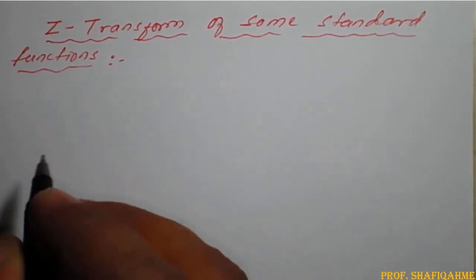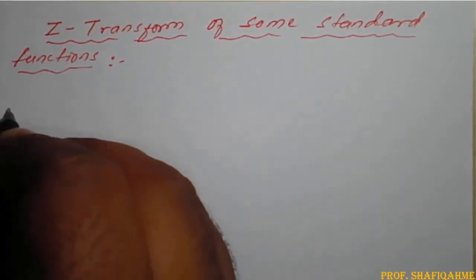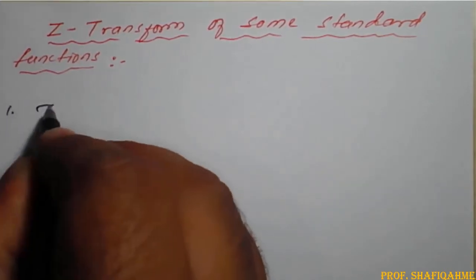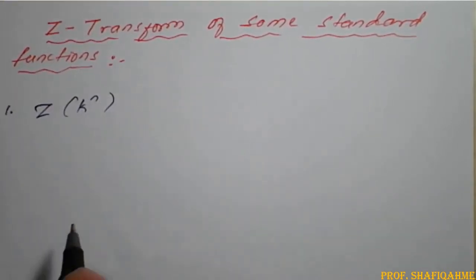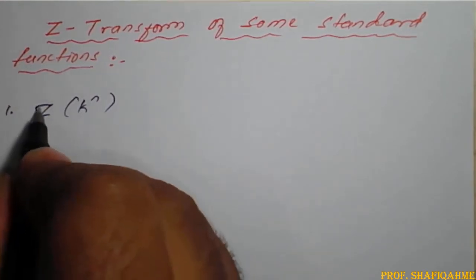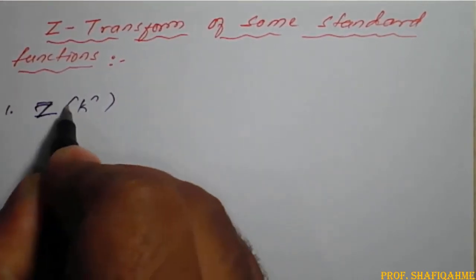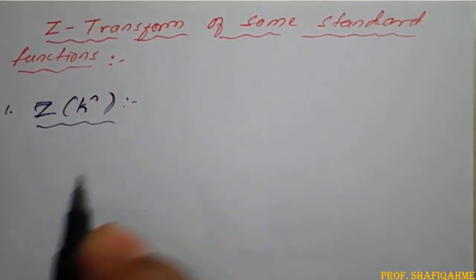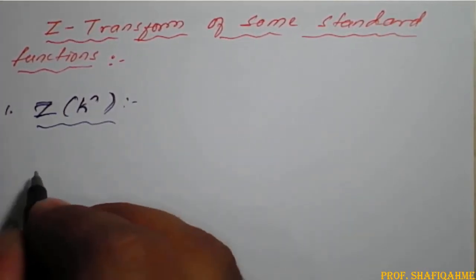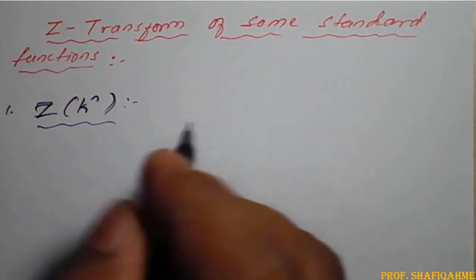So the first one we'll see is the Z transform of k raised to n. So here, how to solve, we'll see.